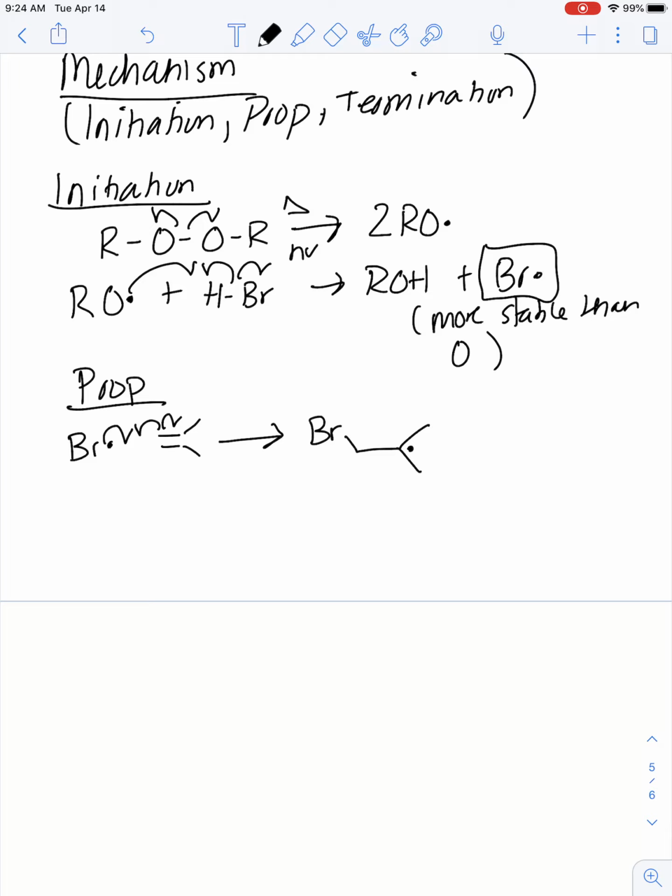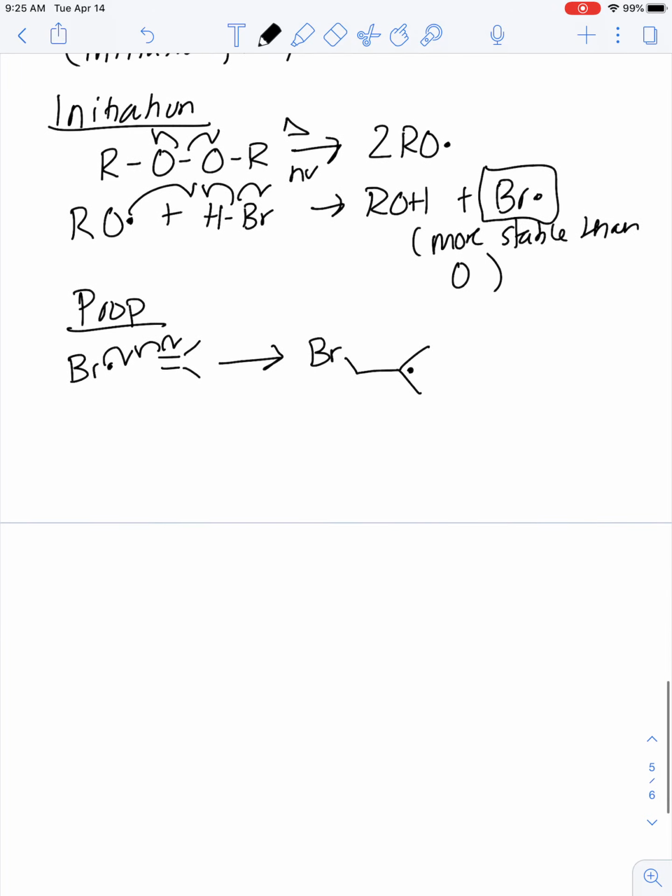This is going to form a tertiary radical as opposed to a primary radical because putting a radical on a tertiary carbon is going to be more stable. So again, this is the main reason why this reaction proceeds via anti-Markovnikov.